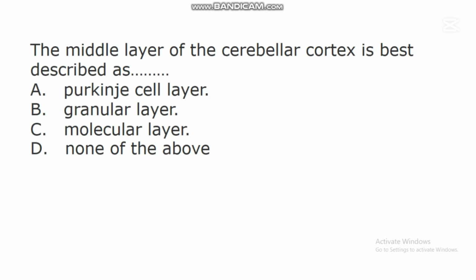In this question, the correct answer is A. Purkinje cell layer. Purkinje cell layer is the middle layer of the cerebellar cortex. Studies have shown that this layer is the middle layer of the cerebellar cortex.